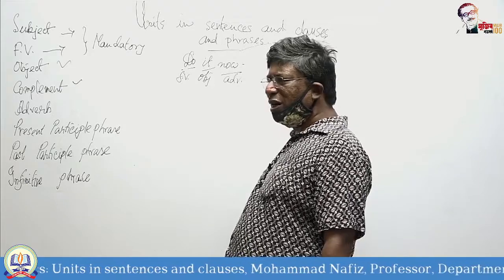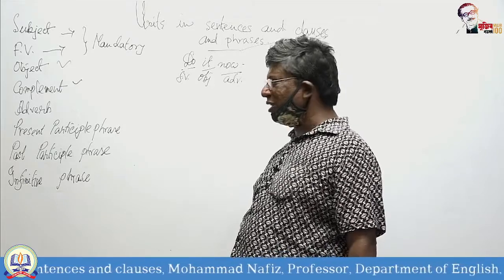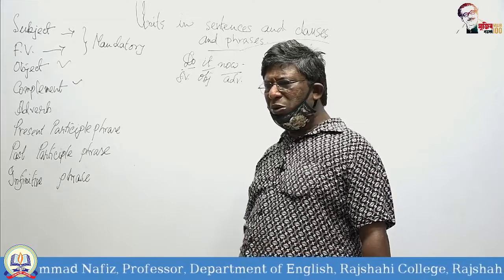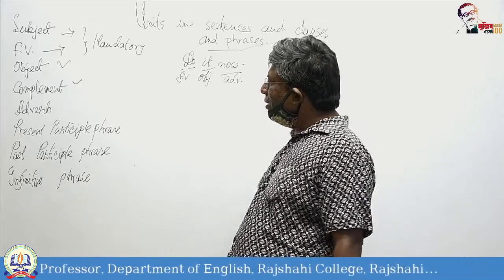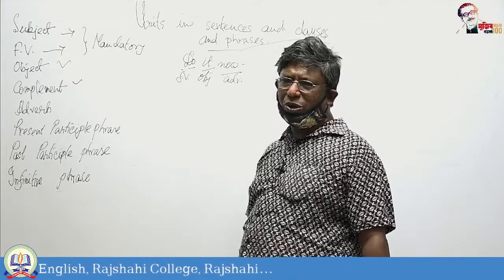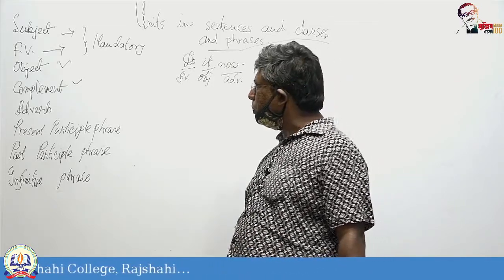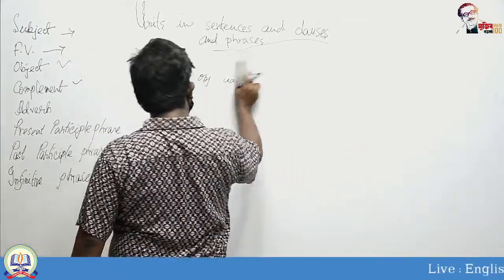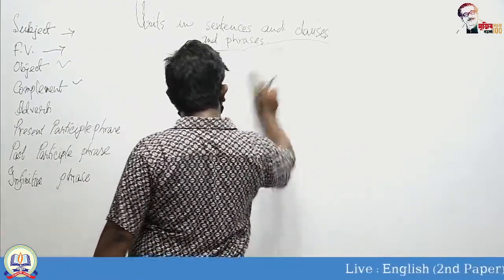In a clause where there is an object, the clause cannot have a complement. In a clause in which there is a complement, that clause cannot have an object. So, let us go forward.